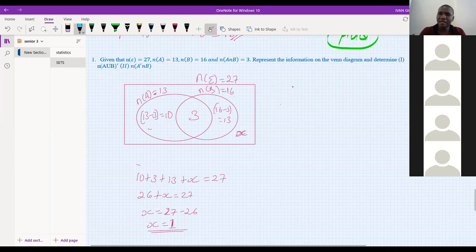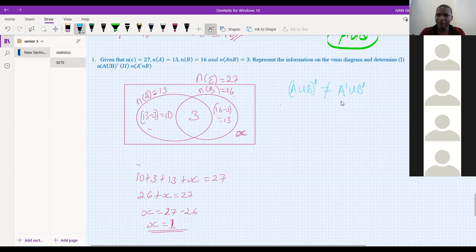You're saying A union B complement in brackets like that is the same as A complement union B complement also? They are not. They're not. Let's get it from here.